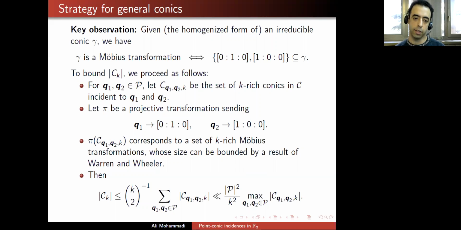And we actually, I mean, thank Fam, emailed me about this paper of Warren and Wheeler and said, surely there are better ways of doing these points and Mobius transformations. And there was a paper on the reals, and implicit in it was a much better technique.